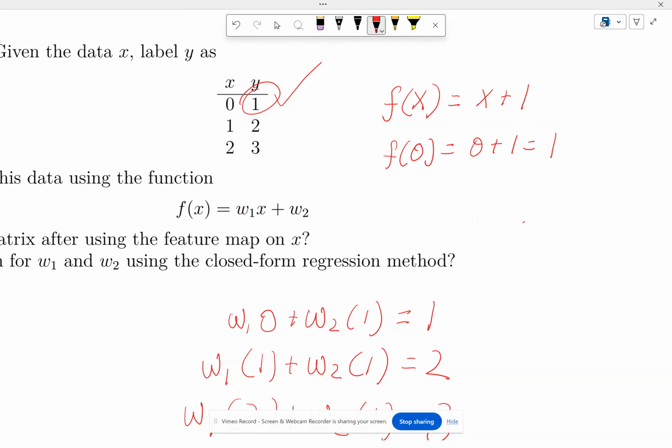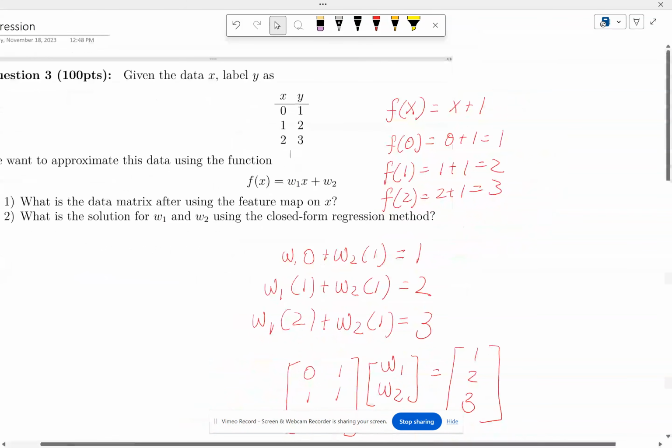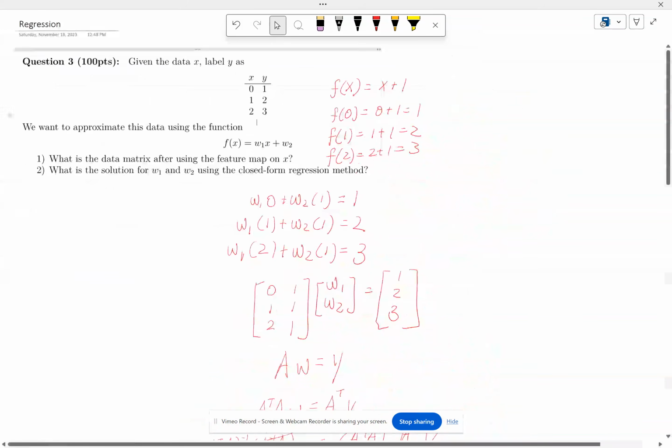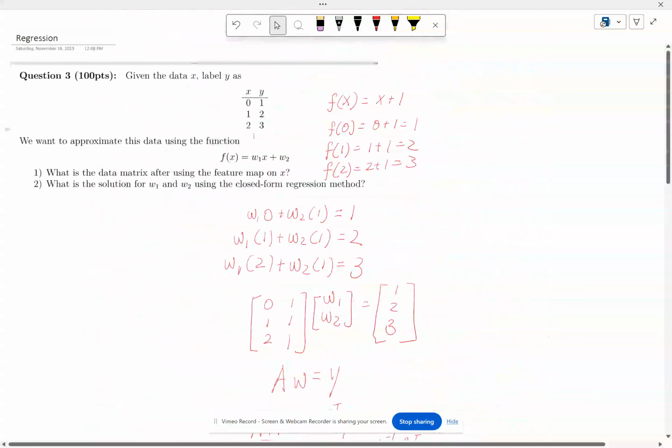Check, did a pretty good job. Now let's plug 1 in. It will be 1 plus 1 equal to 2. Check. 2 equals 2 plus 1, which is equal to 3. Check. So in this particular case, I made the question very simple so you guys can solve it, but this is the general idea of how to solve this problem.